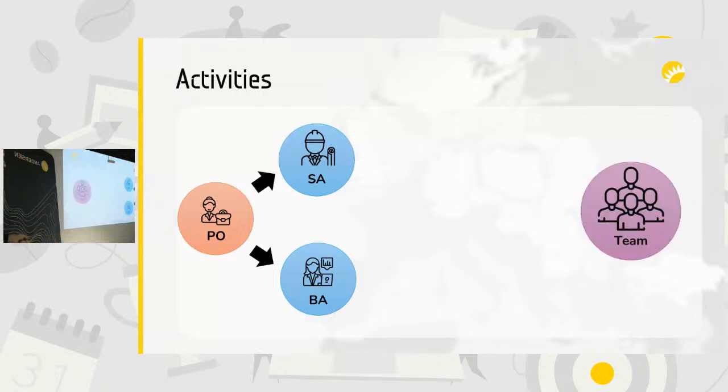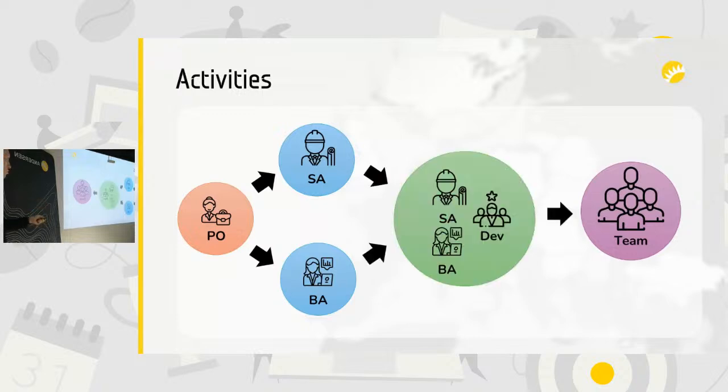Then there is a team who is going to work on these tasks one day when the space between these activities will be filled with something. And as I said, everyone should be involved in the process to build a proper product backlog item that meets the definition of ready.